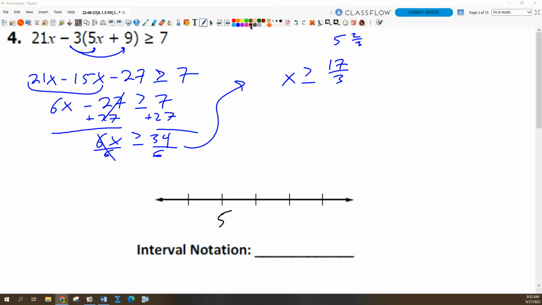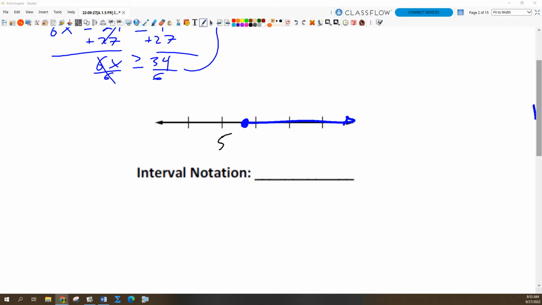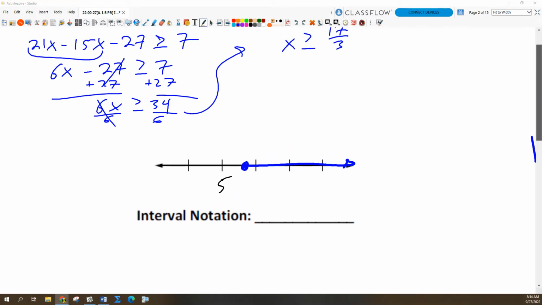So if that's 5, I'm going to go out to 5 2/3. Open or closed endpoint, everybody? Closed because I've got an equal sign, right? Takes more ink to draw the equal sign, more ink to draw the endpoint because I've got to fill it in. And I'm shading in which direction? To the right. Okay, so what's that going to look like? Keep in mind that's 17/3.